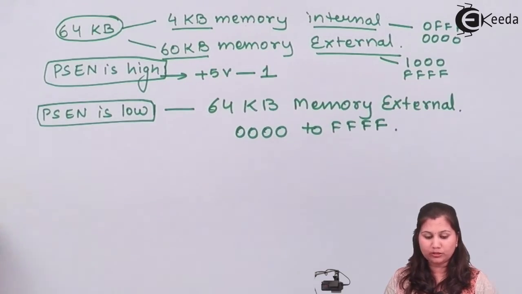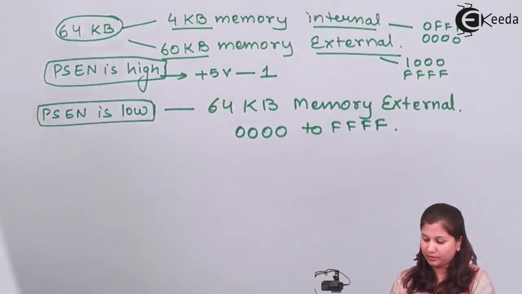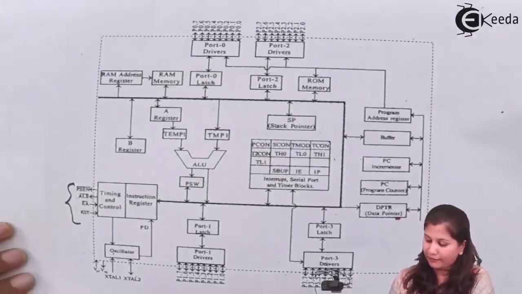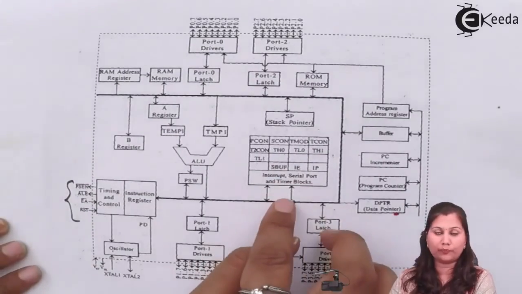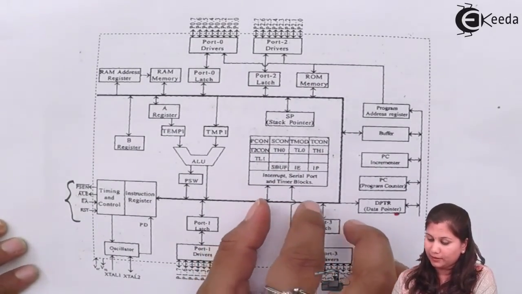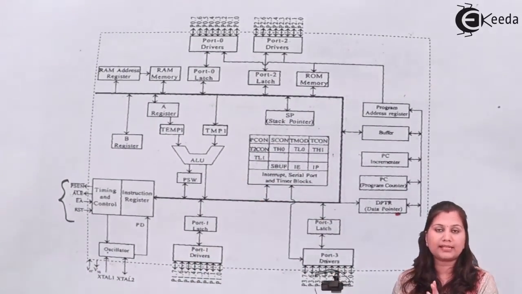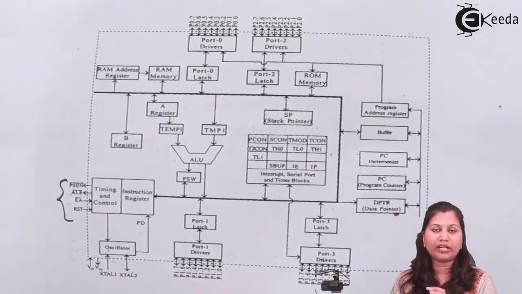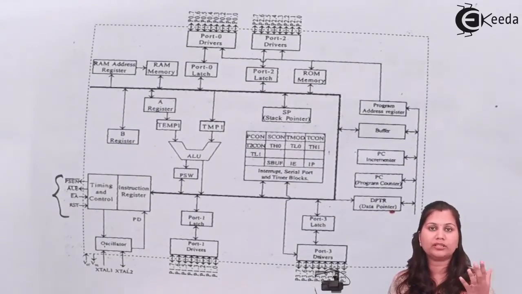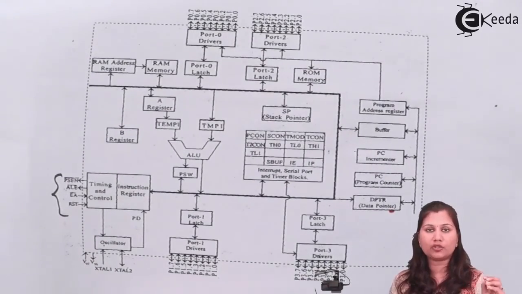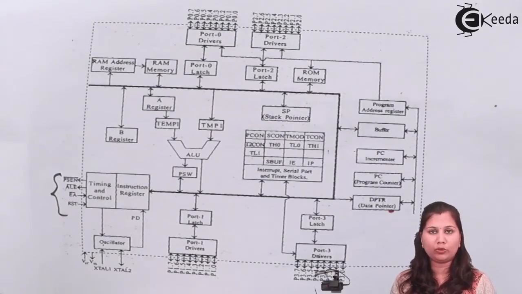Now coming to the block diagram again. In the block diagram, we have the interrupts blocks also. Each interrupt is assigned a subroutine, and whenever that interrupt is executed, the subroutine will be called, which is stored at some specific memory location.